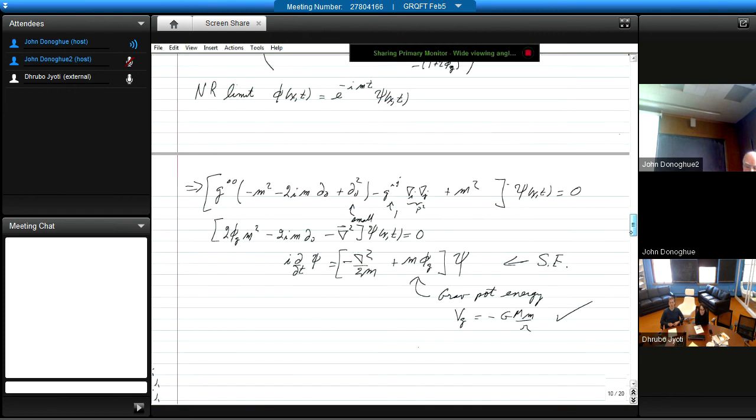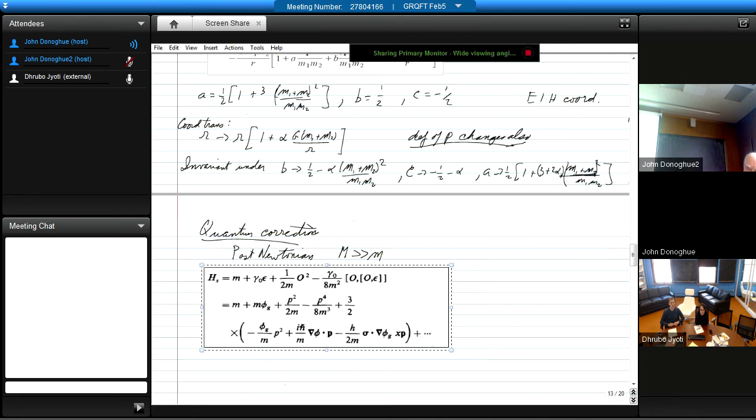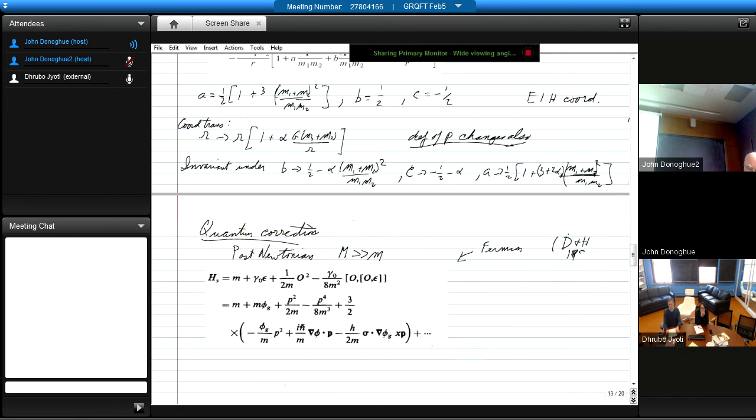And if you carry this out to next order, so this is now post-Newtonian, this is in the limit that M is much, much bigger than m. And the answer is there. This is actually a fermion. And it was done by me and Barry Holstein, 1986, AJP paper. It's just a curiosity, but we did it.